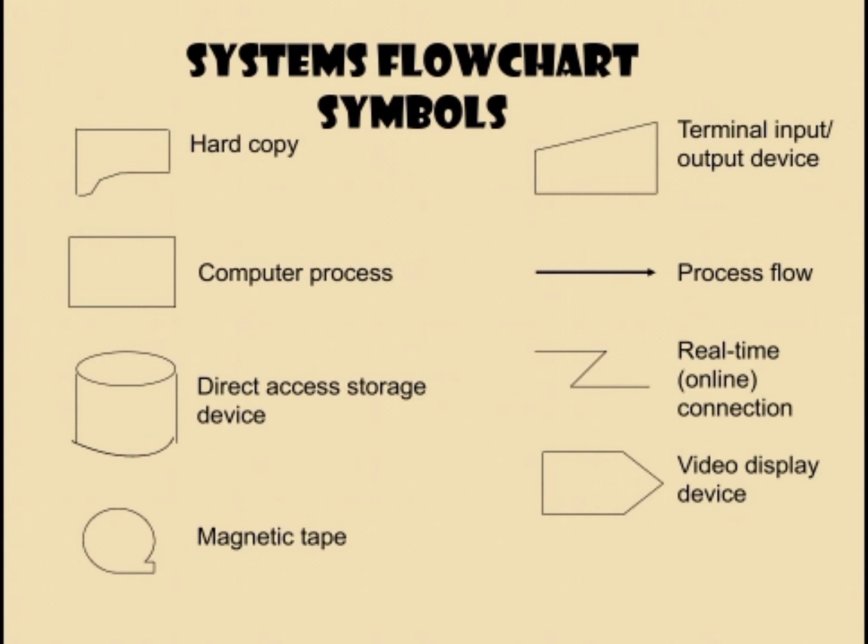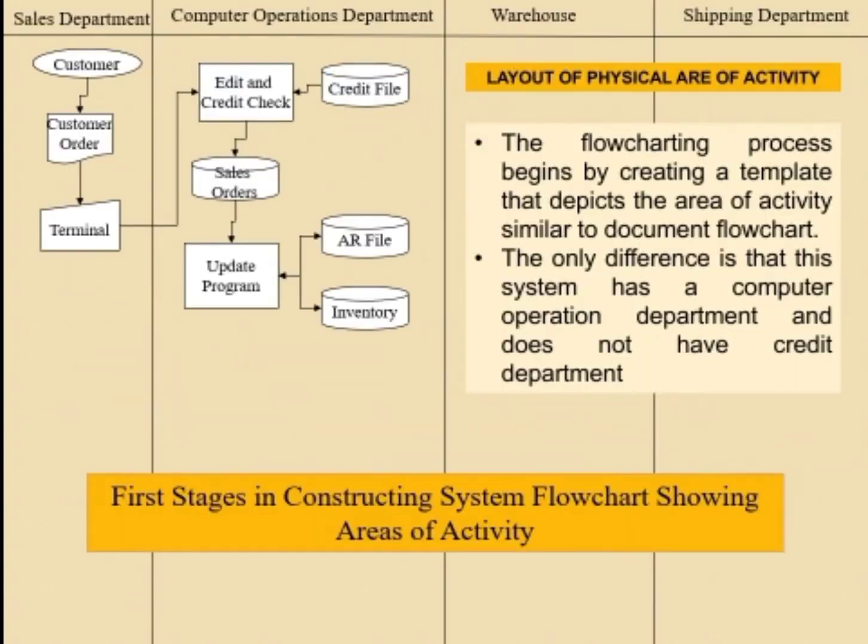Tapos po yung cylinder shape is the direct access storage. Yung nasa baba naman po is magnetic tape, and yung ito naman po is terminal and or output device. Tapos po yung arrow is yung process flow, and itong zigzag na symbol is yung real-time connection. Tapos itong last ay video display device.